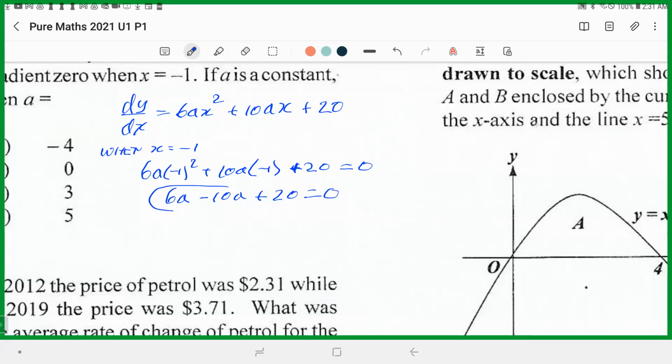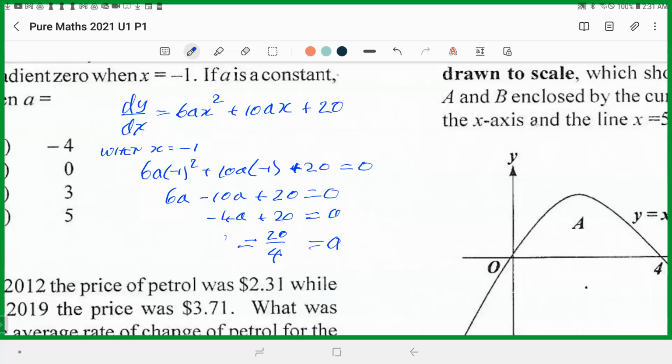This right here now is minus 4a. Minus 4a plus 20 equals 0. Carry over the 4a and divide by the 4. So a equals 20 over 4.